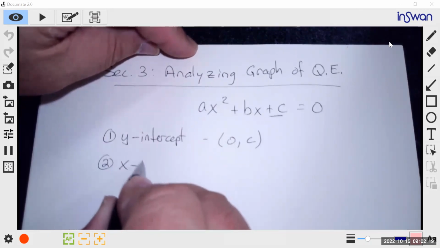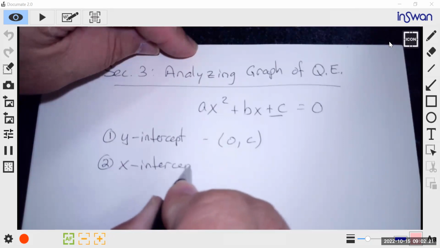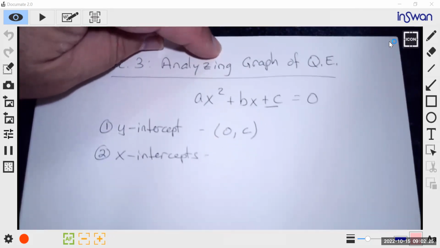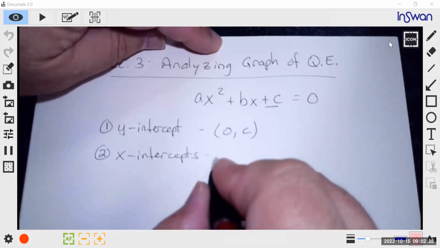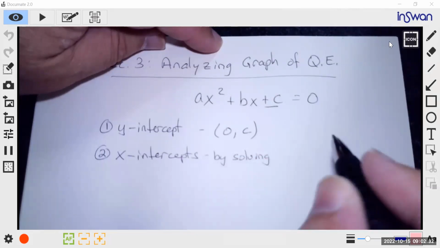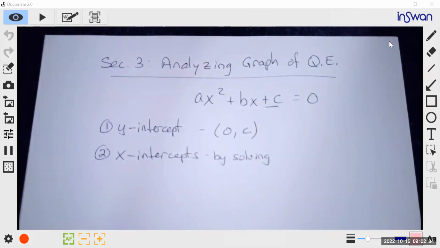Second, we can find the x-intercepts by solving, either factoring, quadratic formula, or complete the square.